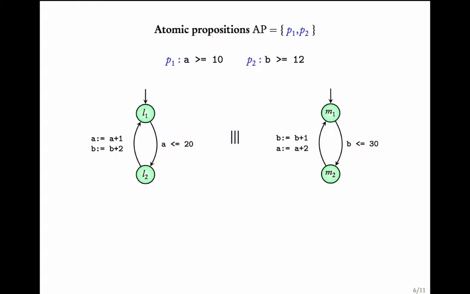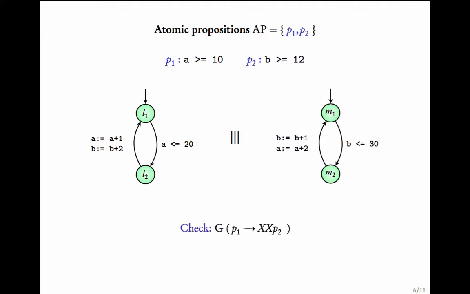This is the property we want to check. So first, let us define appropriate atomic propositions. We will define two atomic propositions. The first proposition says that a is bigger than or equal to 10, and the second proposition says that b is bigger than or equal to 12.